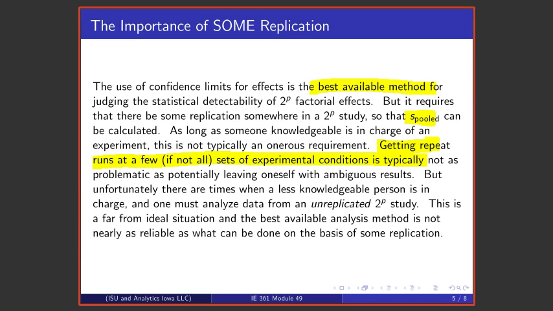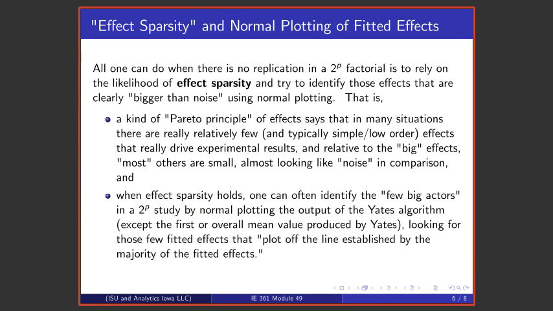That said, sometimes one has to do analysis of data from an unreplicated 2 to the p study. That's not the ideal situation, it's not a good situation, but it's worth taking a couple of minutes here to describe what the best available analysis is when one has no replication.